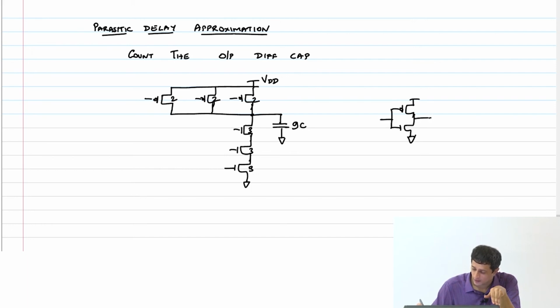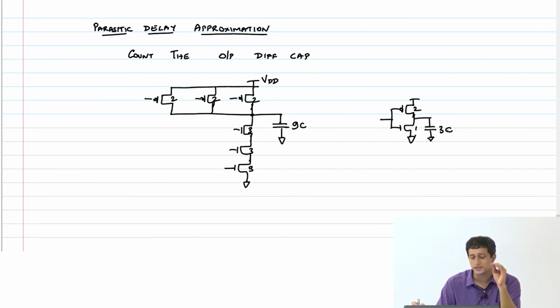Right, this is my reference CMOS inverter, 1, 2. Output diffusion capacitance is 3C. So you basically just count the output diffusion capacitance of the logic gate and divide it by the diffusion cap of your reference CMOS inverter. You will get the normalized parasitic delay.